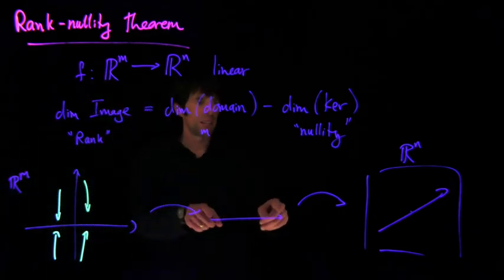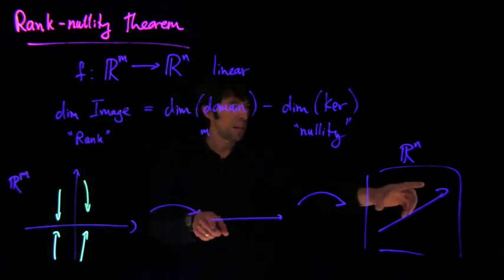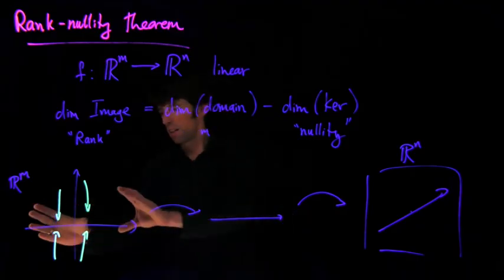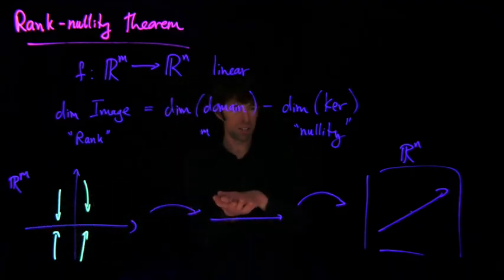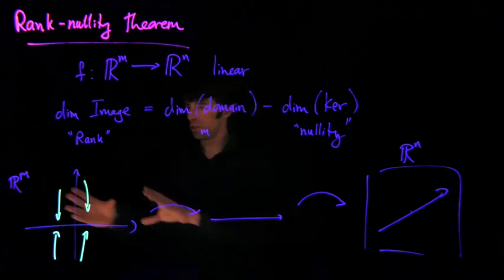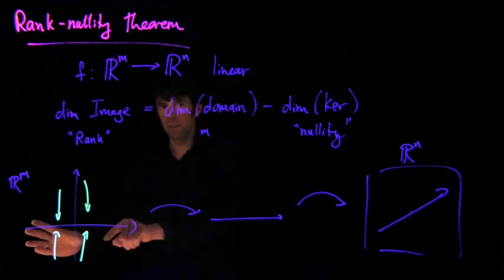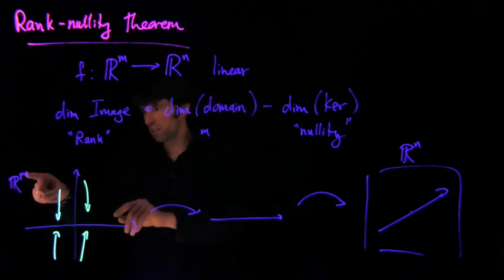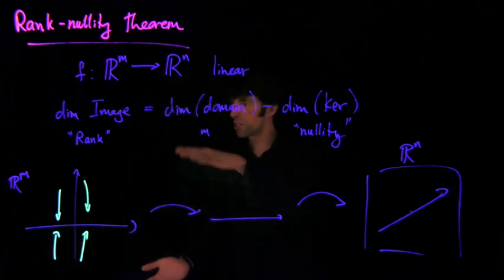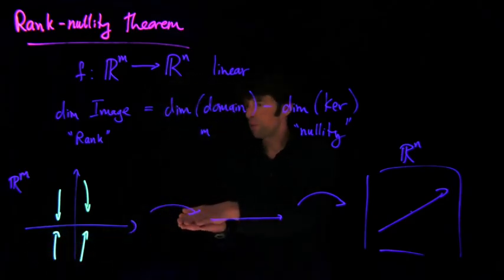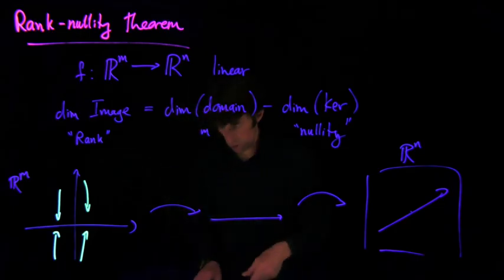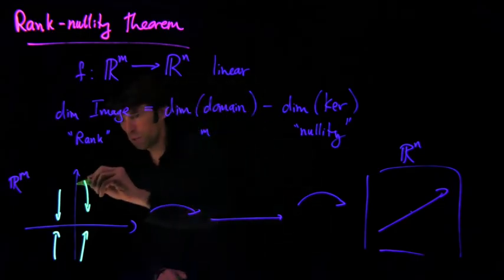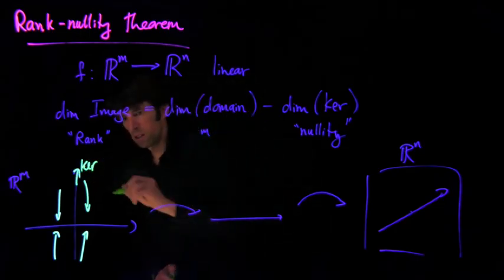And then the image is a copy of what we're left over with after we compress the kernel down to nothing. So here's the dimension of the domain, this m here. We crunch the dimension down by a number of dimensions equal to the kernel. This vertical bit here is the kernel direction.